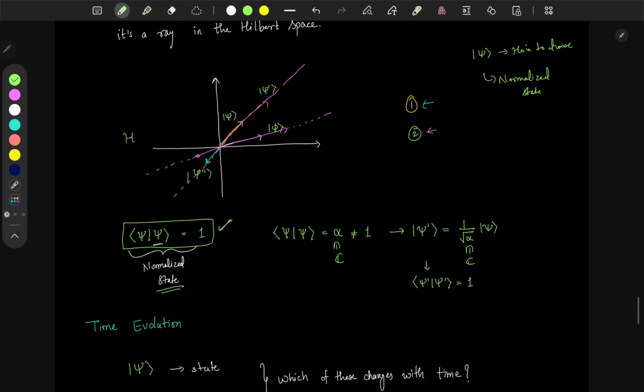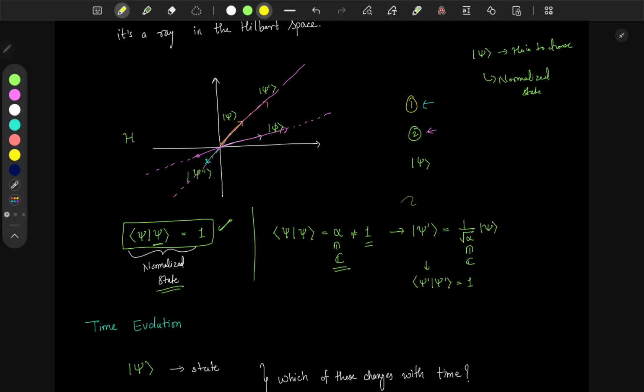Now what if you're given a state psi which is not normalized, in the sense that you take its inner product and you get some number alpha, which is not equal to 1? Then you can normalize it via the procedure of normalization.